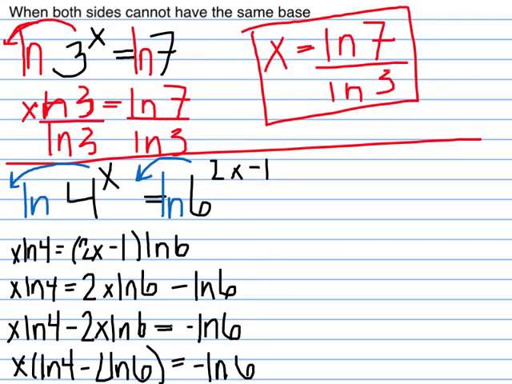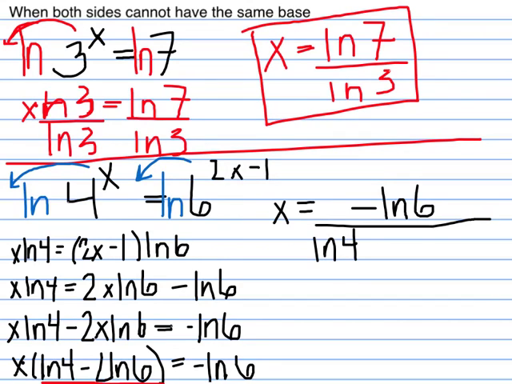So because this x is being multiplied by this group, with no more x's there, we can take this right here and divide it out. So we end up with x equals negative ln of 6 over ln of 4 minus 2 ln of 6.